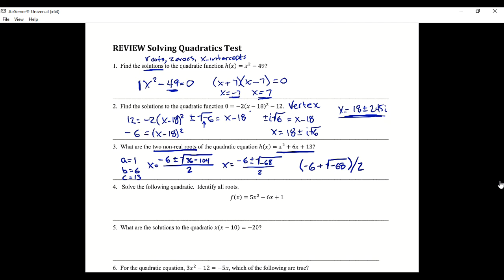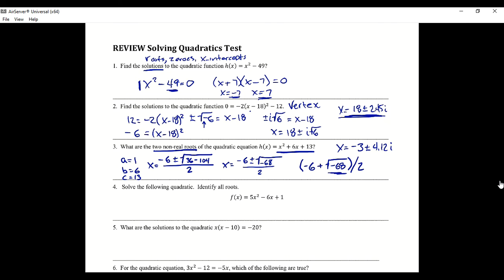And so we get x equals -3 plus or minus 4.12i. Now, if your answer is in fraction form, where just the radical has been simplified, you can just put the answers in the calculator and see which one gives you the decimal result that you need. All right.